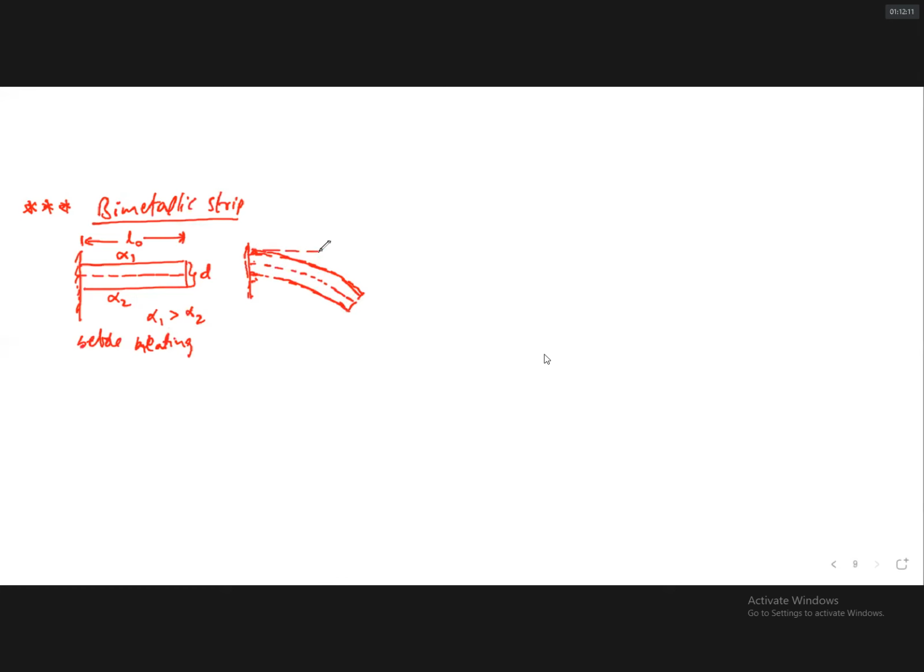So the radius of curvature of that bent strip, initially it is straight but it is bent by some amount, we need to calculate after heating.